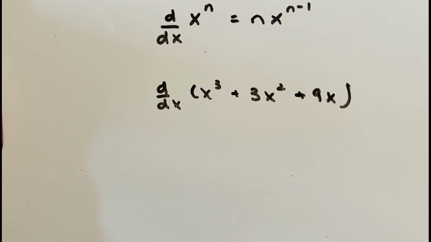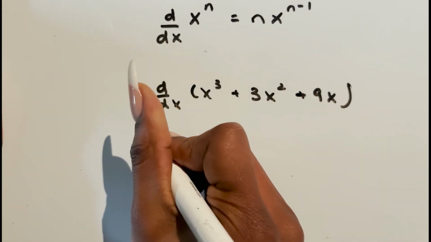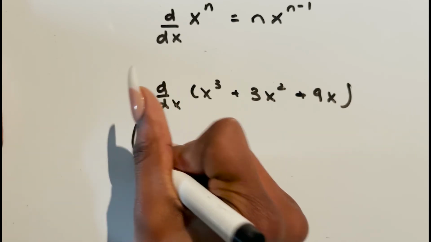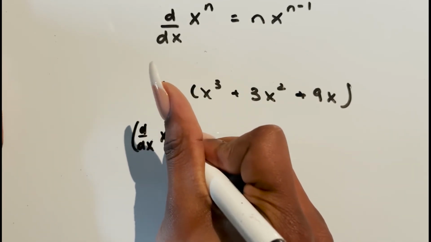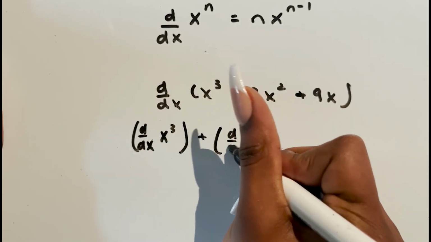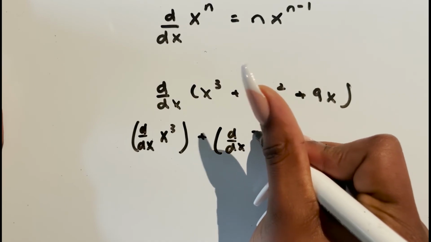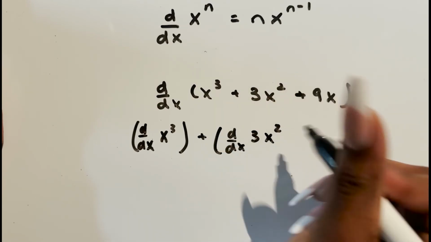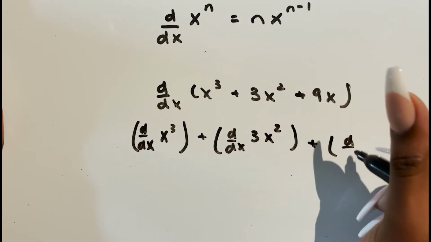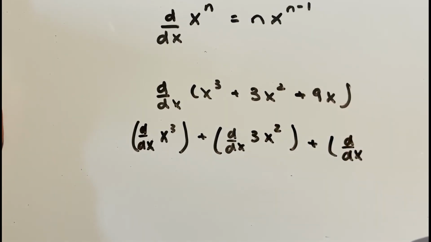Because the terms are being added, we can rewrite this as the derivative of x cubed plus the derivative of 3x squared, plus the derivative of 9x.